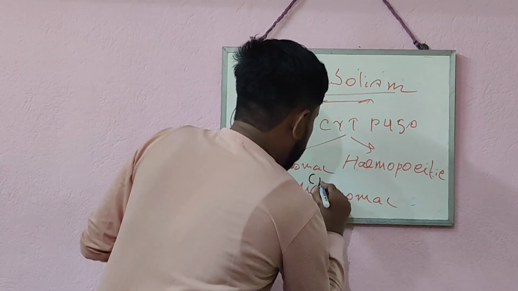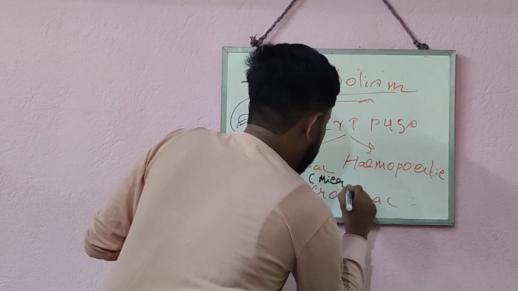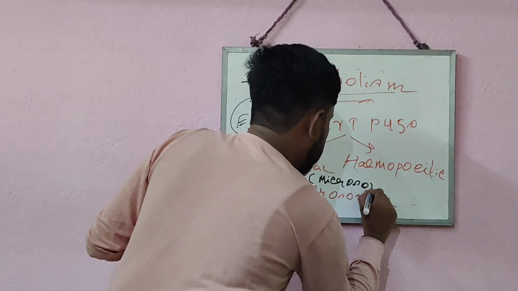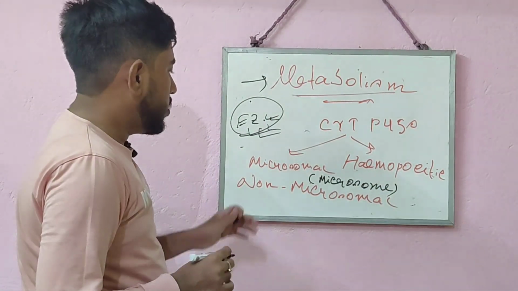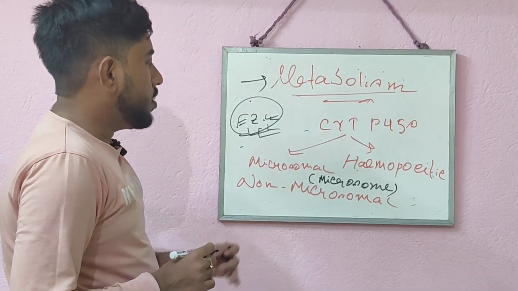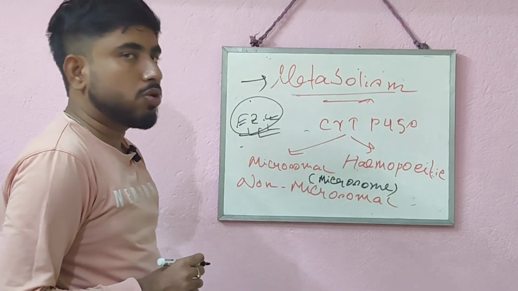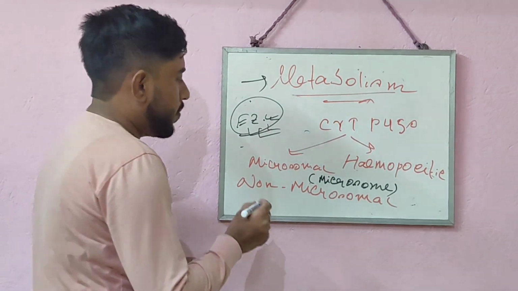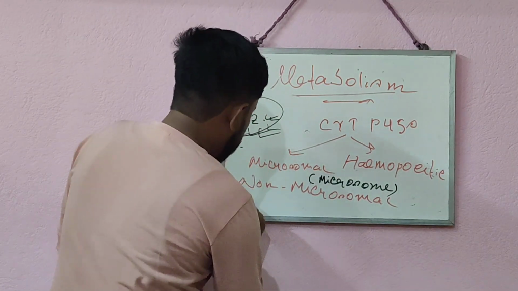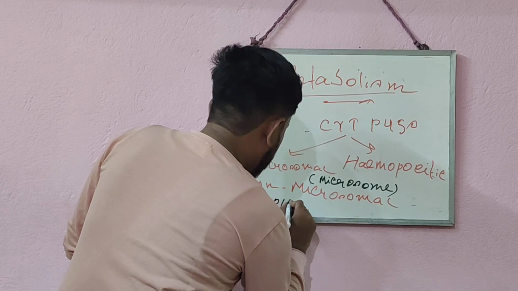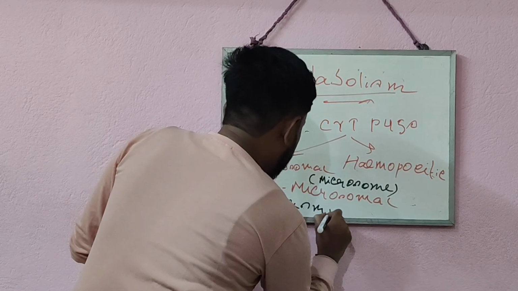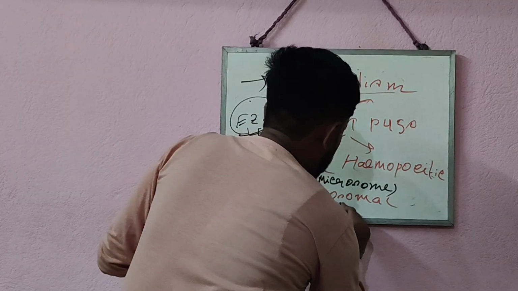And the second type according to the location is non-microsomal. That means they are not present in the microsomes of the liver, they are present in the non-microsomal part. They are present generally in the cytoplasm of the liver, or else they can be present in the mitochondria.